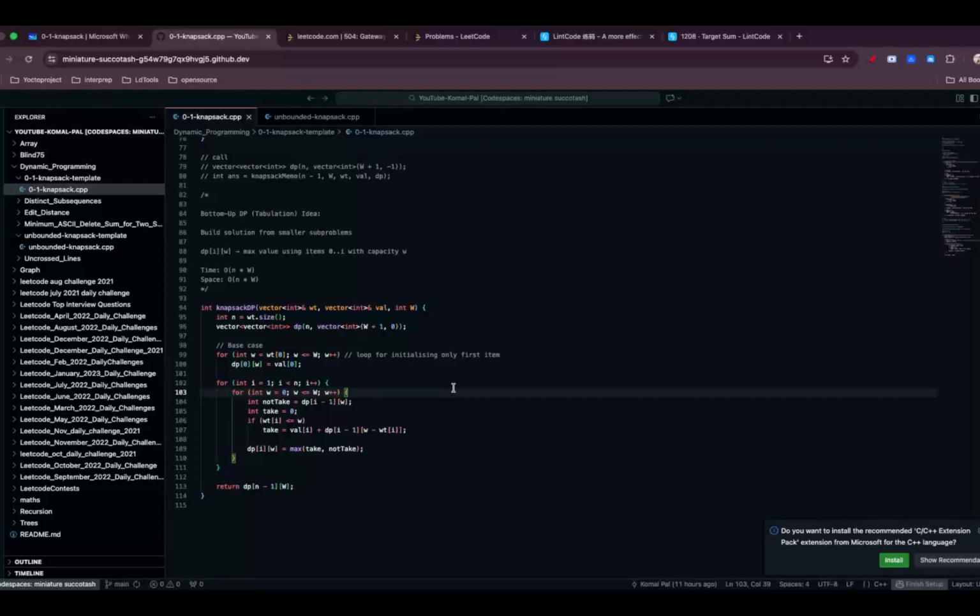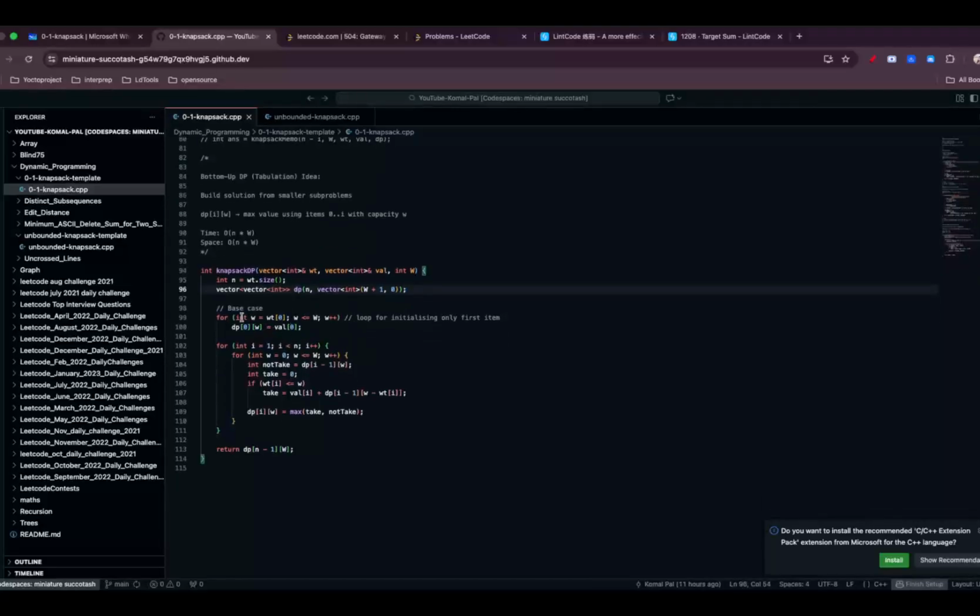So now this is the initialization part. We take an n cross W plus 1 matrix and initialize it with 0.